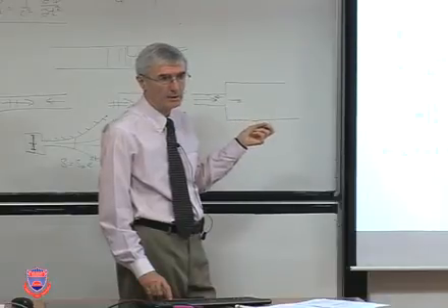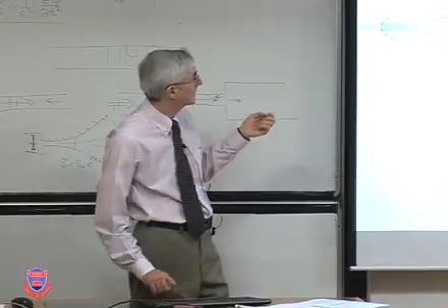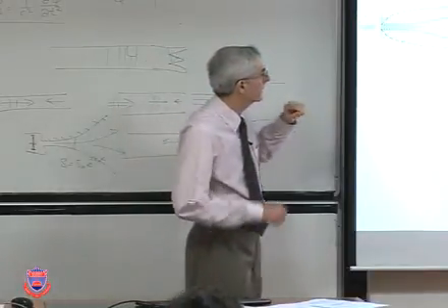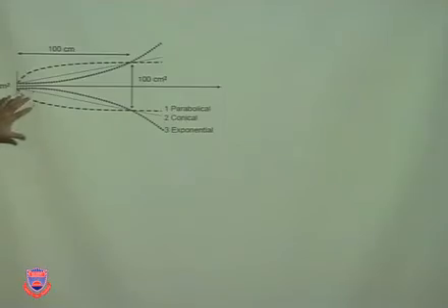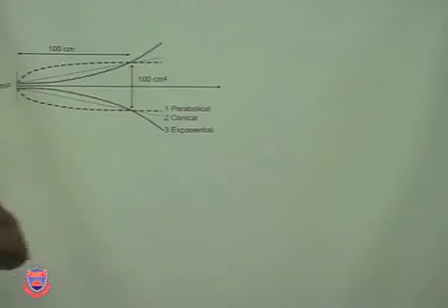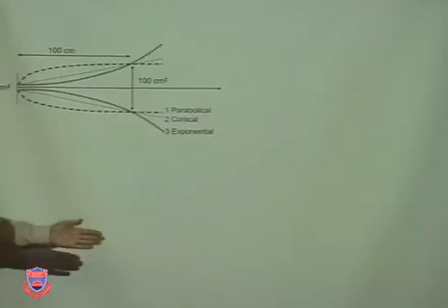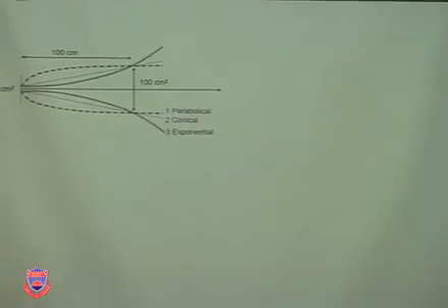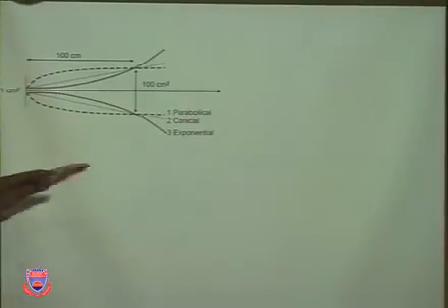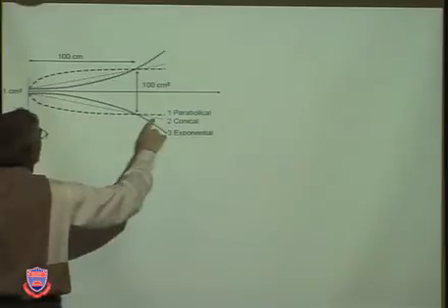This is a very interesting topic, interesting subject matter. But if you take a look at the possible shapes of horns, the exponential, the dotted one, is what we just studied a moment ago. Then there's a conical one, straight line, okay, all around. And then there's a parabolic shape.